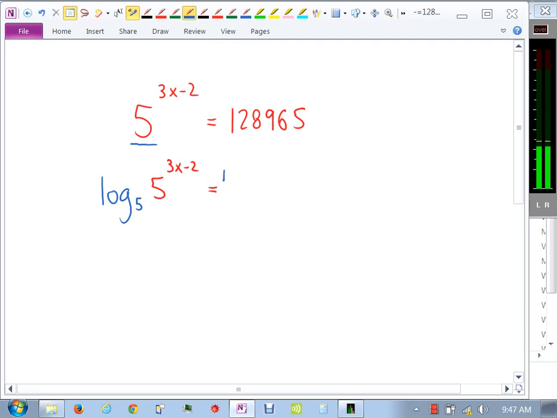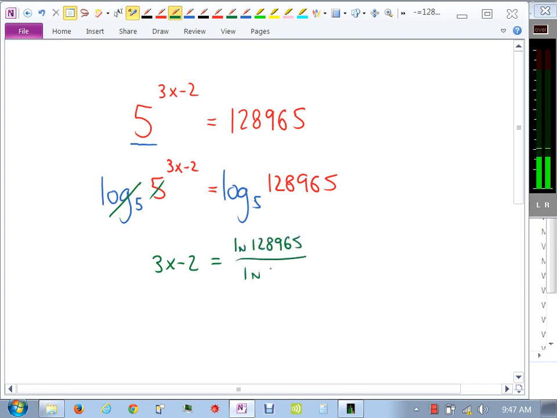Whatever I do to the left side, I have to do to the right side. On the left side, the log base 5 and 5 cancel. You're left with 3x minus 2. But on the right side, you have to use your change of base formula to figure out what log base 5 of 128,965 is. That's natural log 128,965 over natural log 5. And that's basically the same problem we just had a second ago. So either way will work.